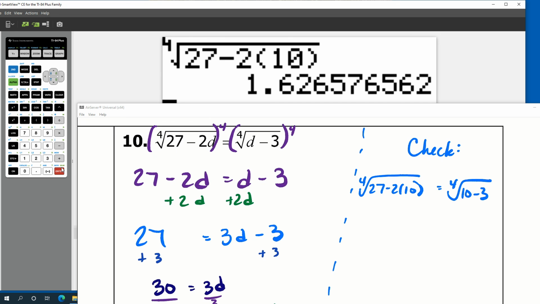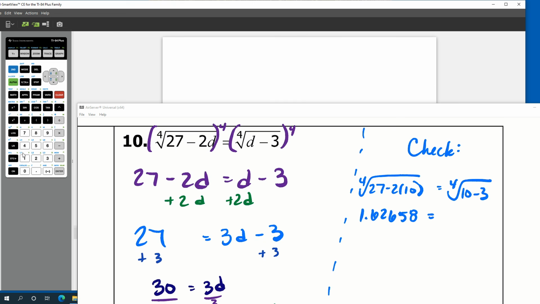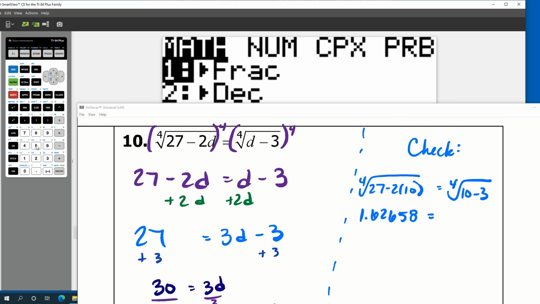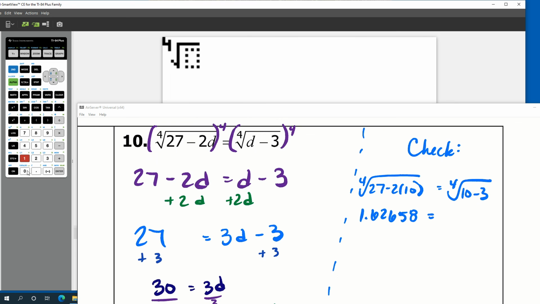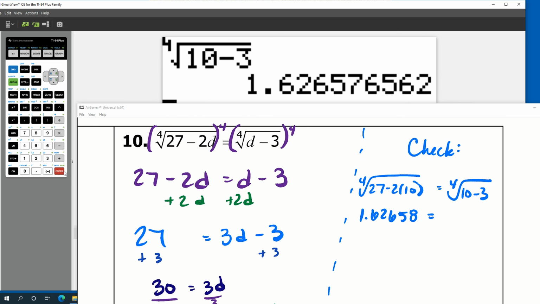So I'm just going to jot down that decimal real quick and just make sure I get the same thing on the other side. And I do.